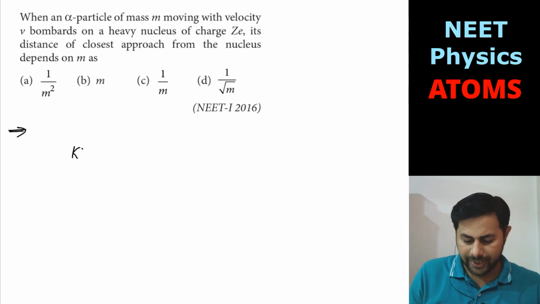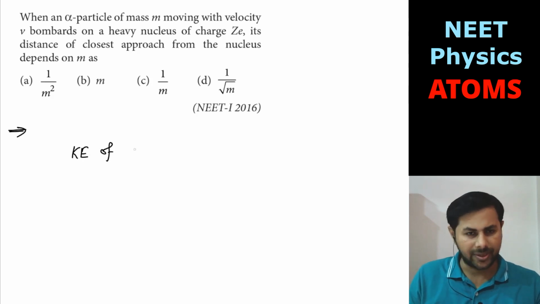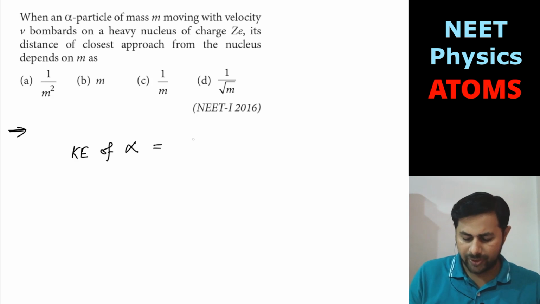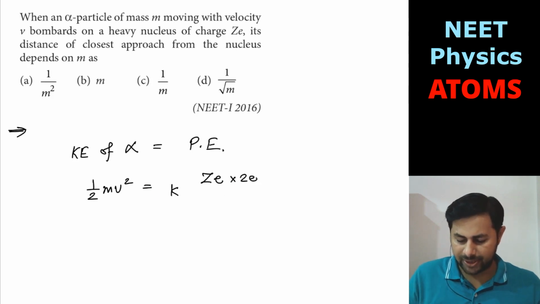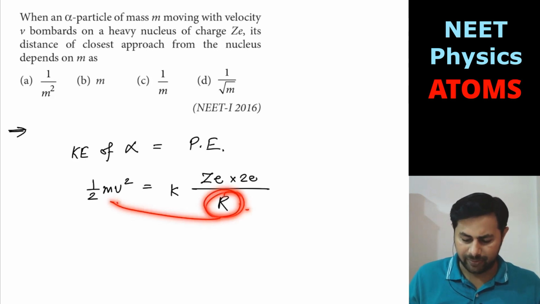So the kinetic energy of the alpha particle is equal to its final potential energy. Its initial kinetic energy gets converted to final potential energy. So half mv square is equal to k times Ze times 2e, the charge on the nucleus multiplied by the charge on the alpha particle divided by the distance of closest approach r. They are asking what's the relation between r and m.